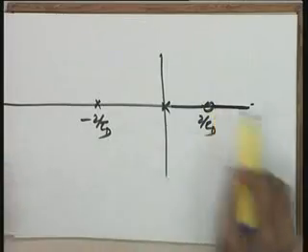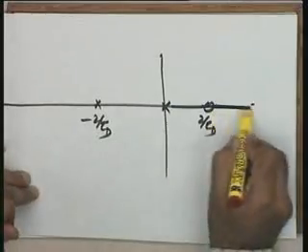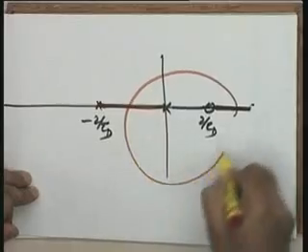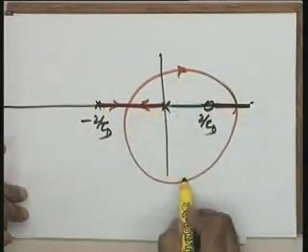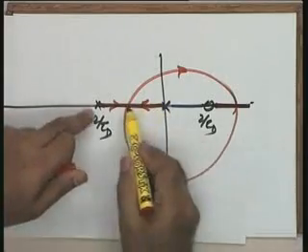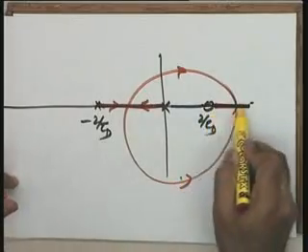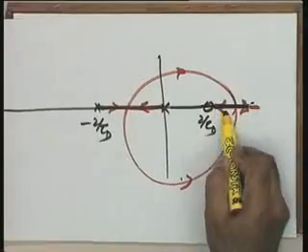So, if real axis segment search is changed, in this particular case you find that this segment is there on the root locus, this segment is there on the root locus, and therefore, your root locus branches are going to look like this. This is going this way, this is going this way, one is terminating at infinity, the other is terminating at infinity on this side. I hope this is clear.